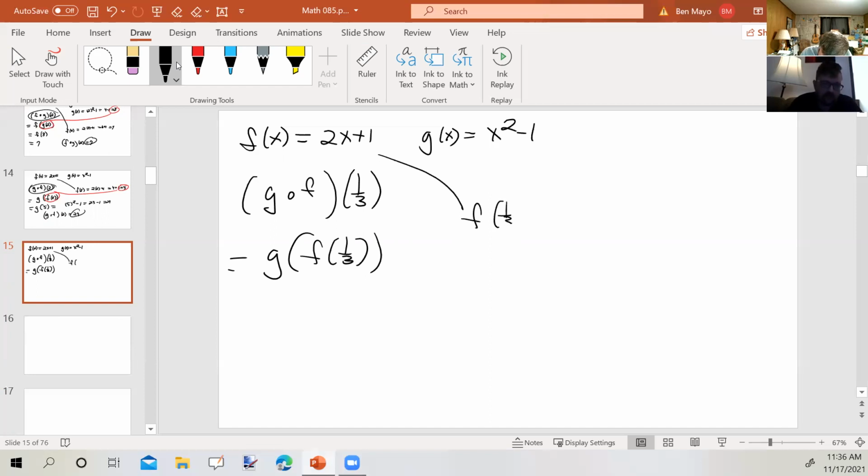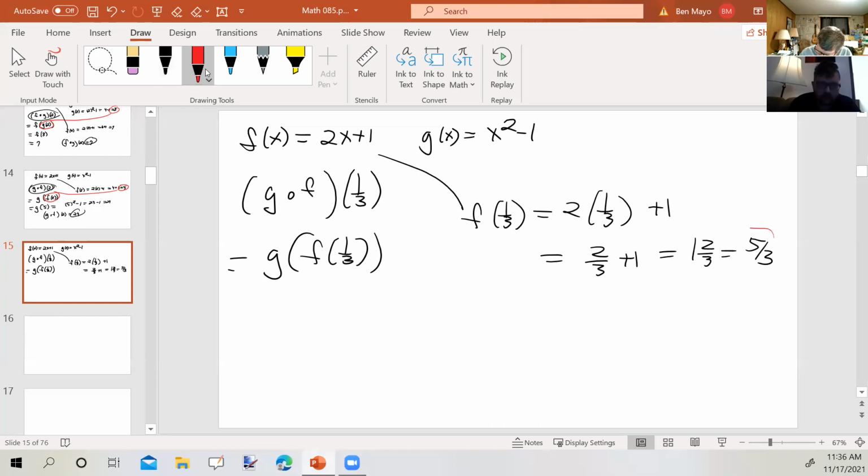F of 1/3 is 2 times 1/3 plus 1, which is 2/3 plus 1, which is 1 2/3, or let's just go with 5/3. So 5/3 goes in the place of f of 1/3.